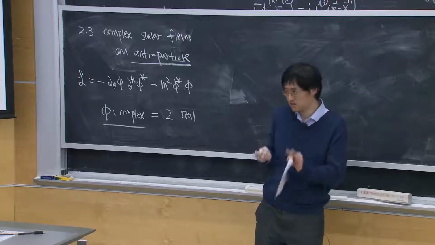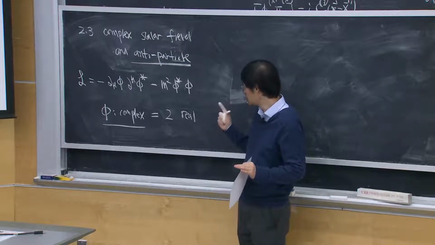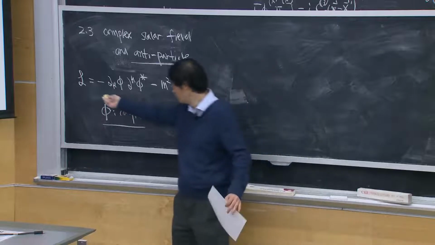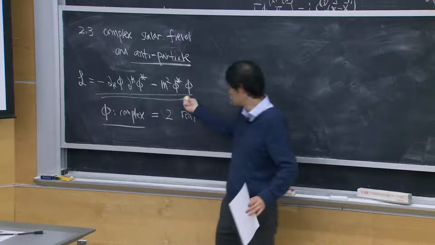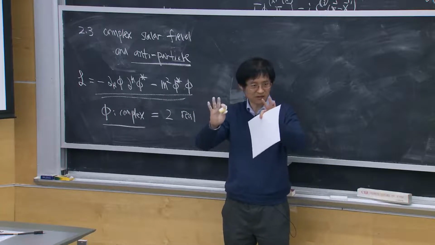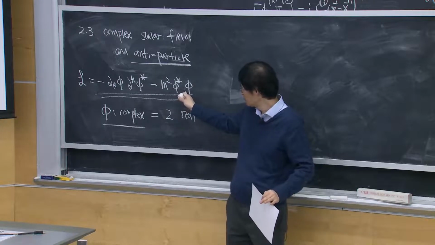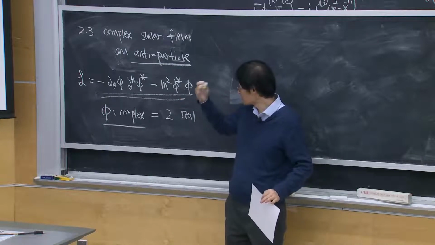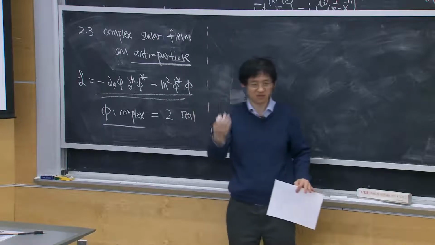But there's an advantage, something conceptually new when we write in this form, rather than as two separate identical scalar field theories. It's precisely in this form that the phase symmetry is manifest.